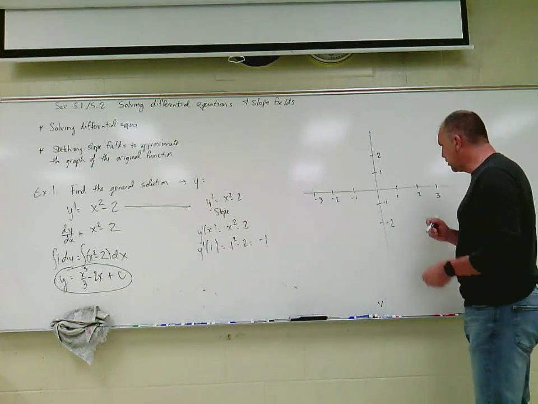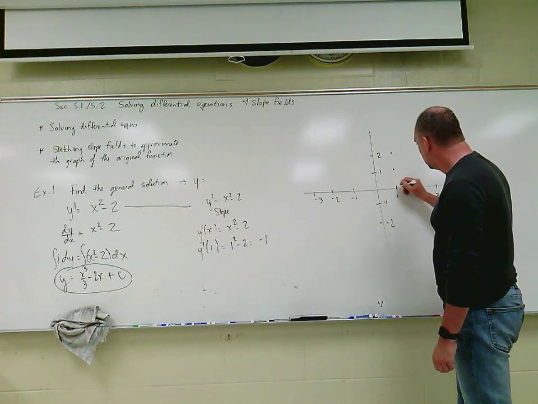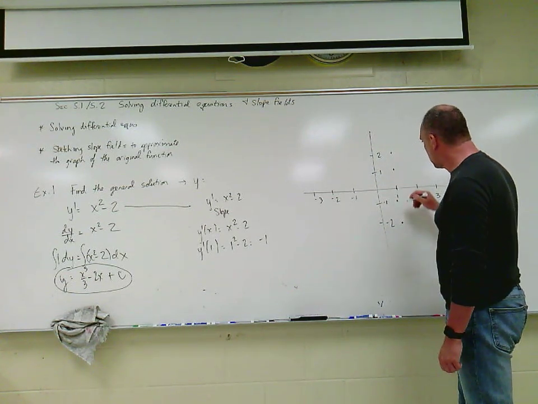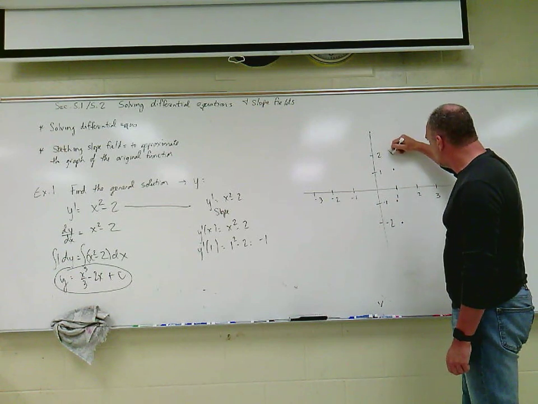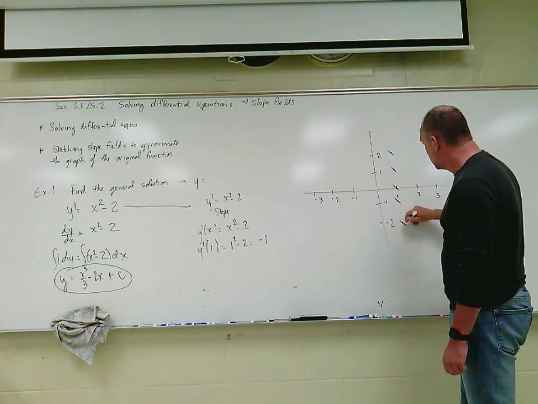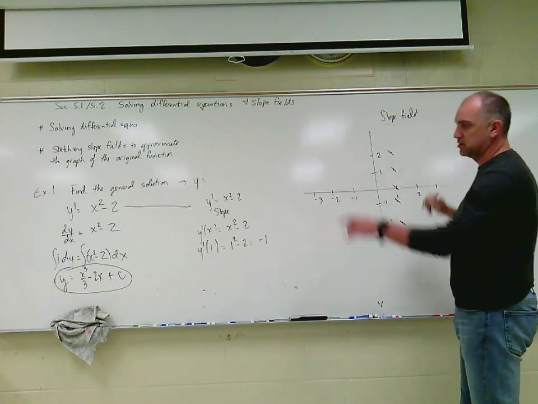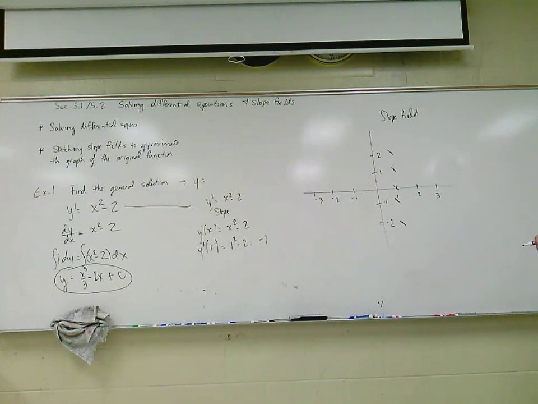So we're going to go to where x is 1, make all these points, and do our best to draw a slope of -1 like this. Again, this is me making a slope field, and I'll show you how this ties in.